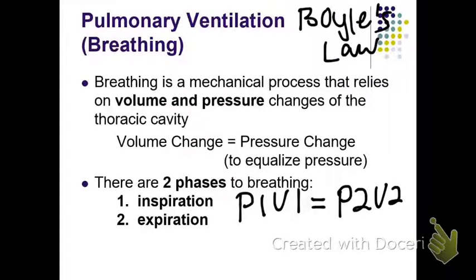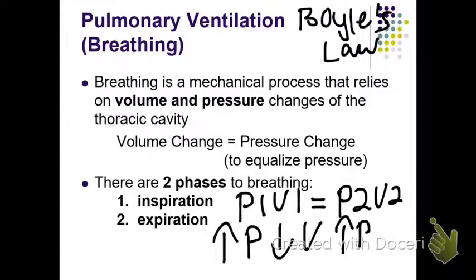And the inverse relationship comes in where if pressure increases, then the volume will decrease. And this goes for the other side, where we'll have the same pattern: if volume were to increase, the pressure would decrease, because this is how gases behave.